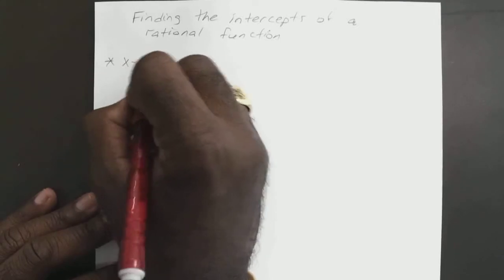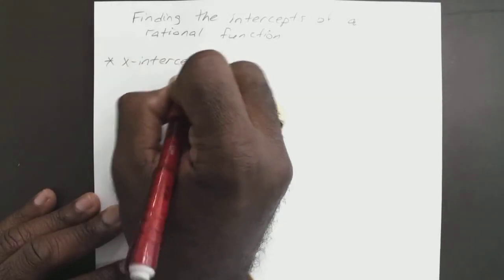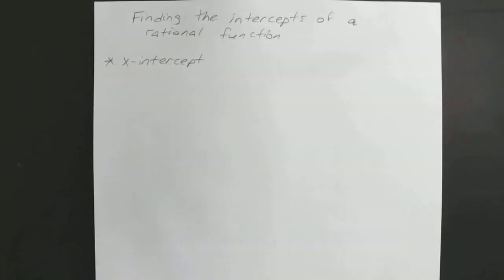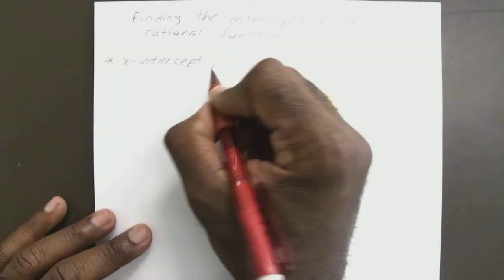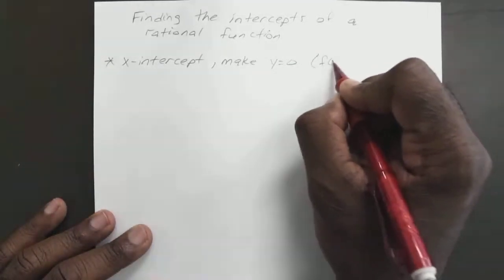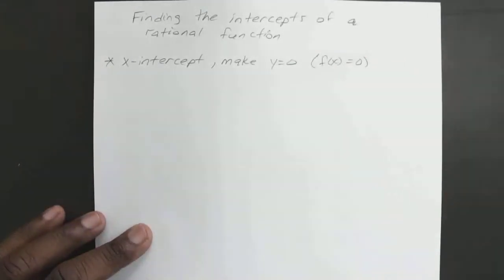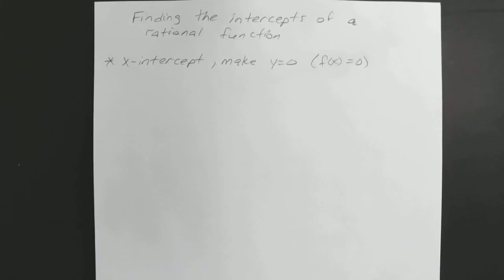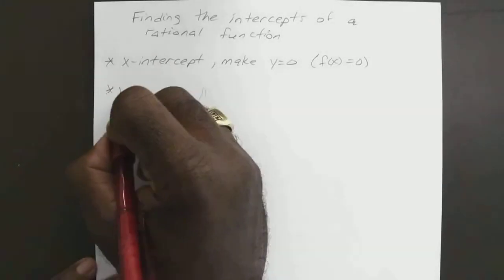Okay, so we know that to find the x-intercept, we make y equal 0, or in most cases, your f of x would equal 0. And for our y-intercept, we just make our x value equal 0.